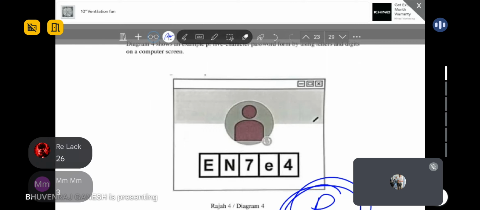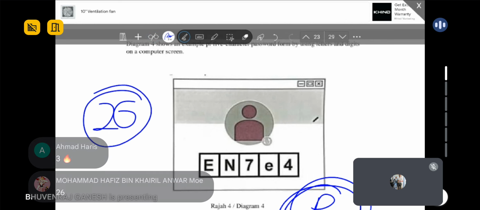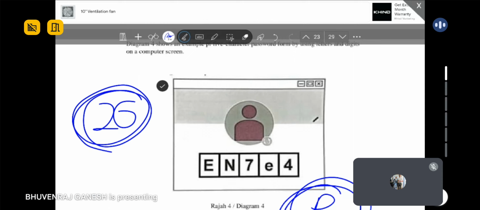Cepat, cepat. Saya tak mau kamu kira satu per satu. Okay, correct, 26. Not bad. General knowledge. 3. Wow. Who is this person, MM? MM, how you get 26? A, B, C only, is it? Oh, you only know 3 letters. Very good lah. Sangat bagus. Okay, remember, guys? 26.